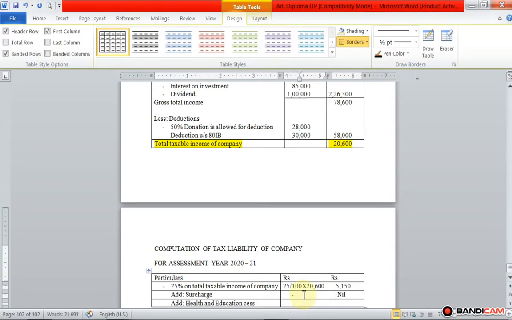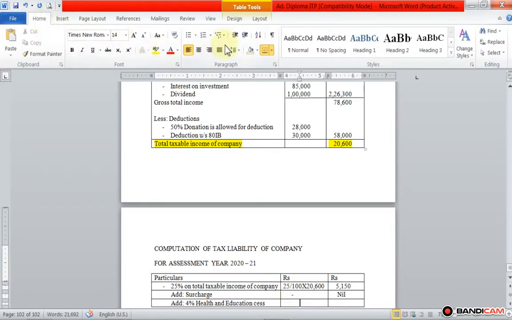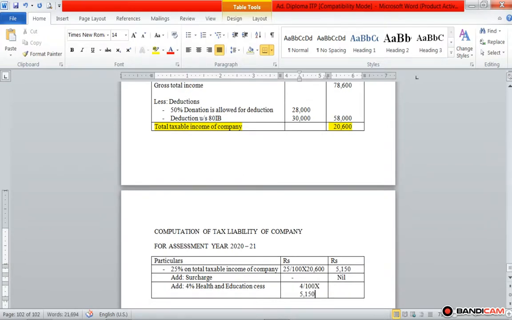So health and education cess is 4%. So here add 4% health and education cess. Compute 4% on tax: 4 divided by 100 multiplied by 5,150.